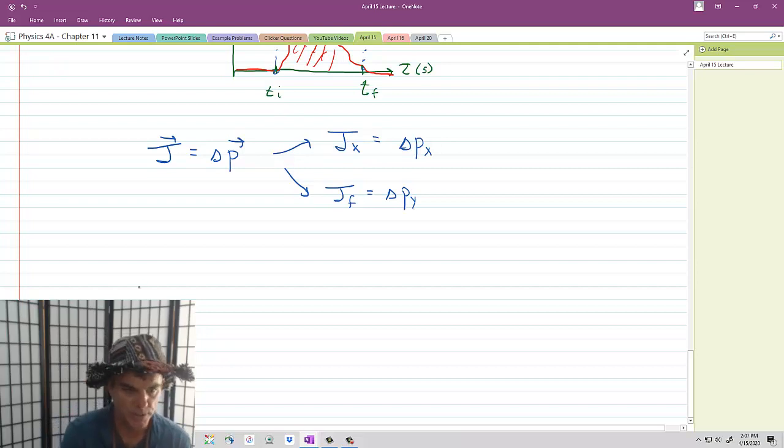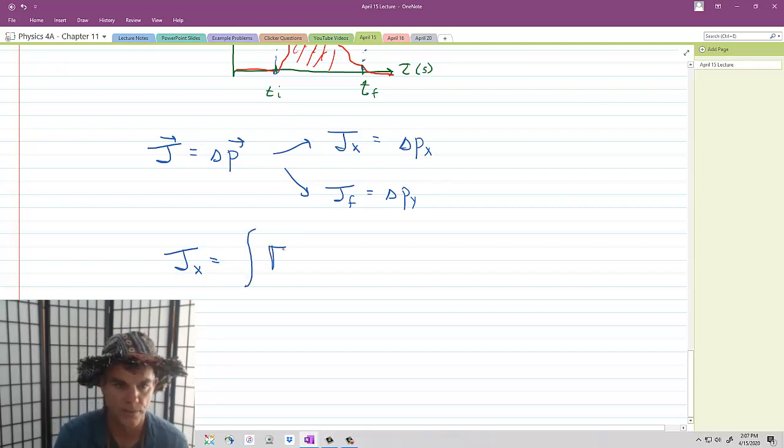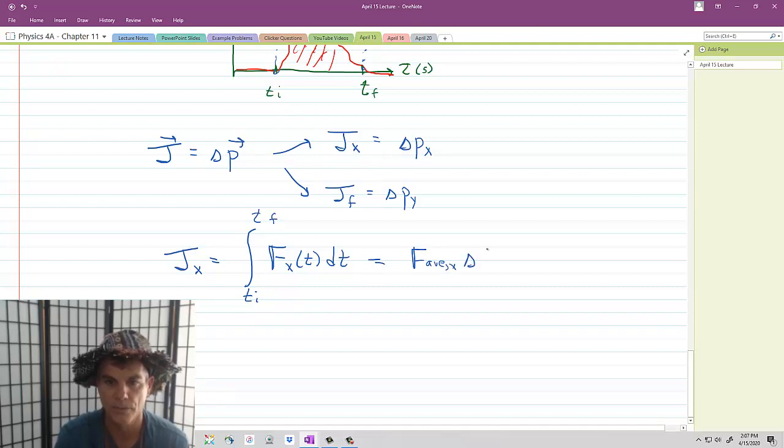Now, impulse, I can now look at two different ways. If I'm looking at the impulse in the x direction, it is the integral of the force in the x direction, dt, evaluated from t initial to t final, and that is also equal to the average force in the x direction times delta t.